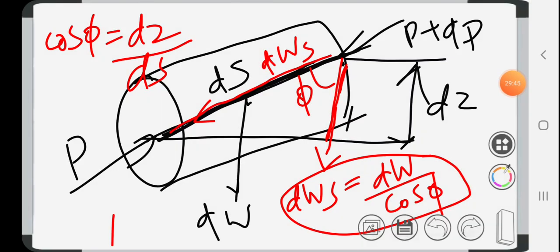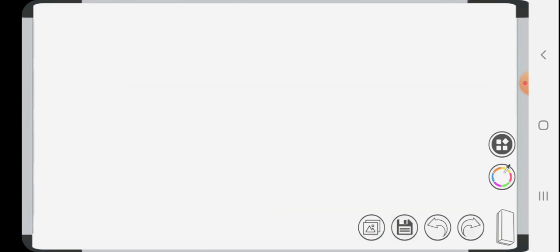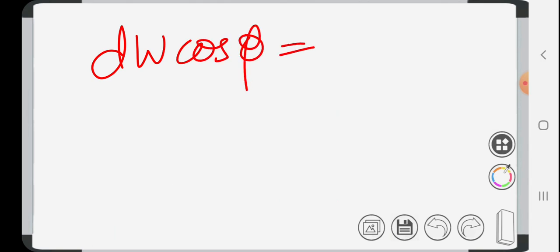So students, I think this is wrong. dW cos phi will be dWs.